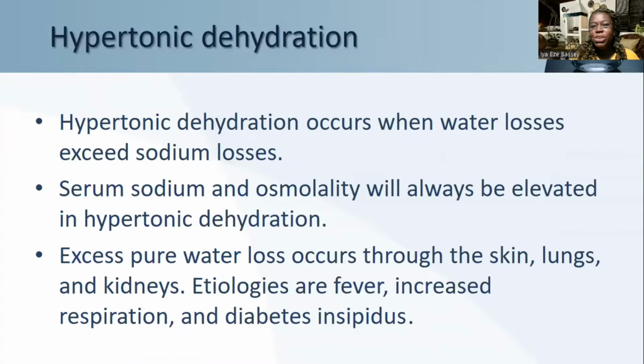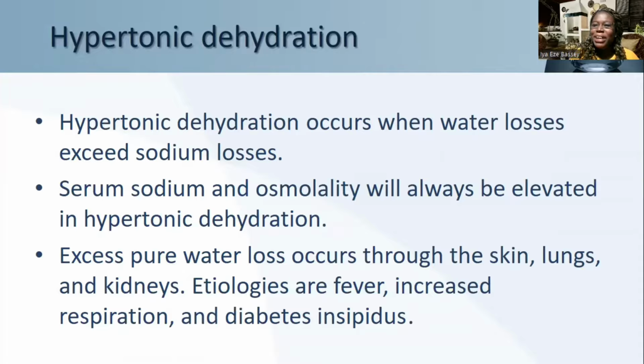Another type we'll need to look at is the hypertonic dehydration. So what does hypertonic dehydration mean? In this case, you're losing much more water than you are losing sodium. In the other one, you were losing both water and sodium, but in this case, you're losing pure water and less sodium. So what will happen is that you are going to have an accumulation of sodium inside the body.